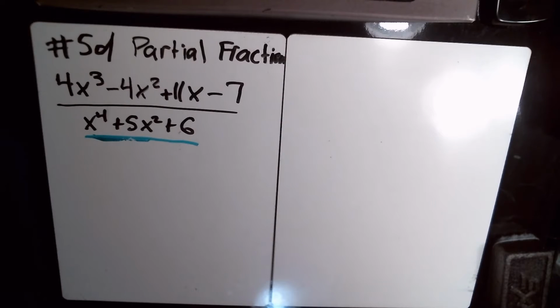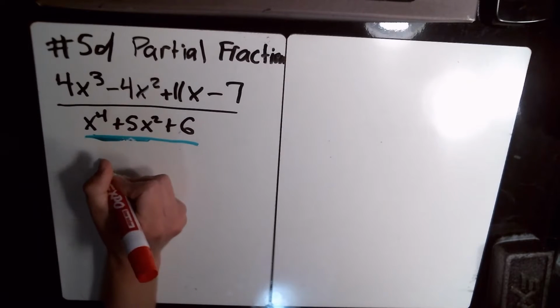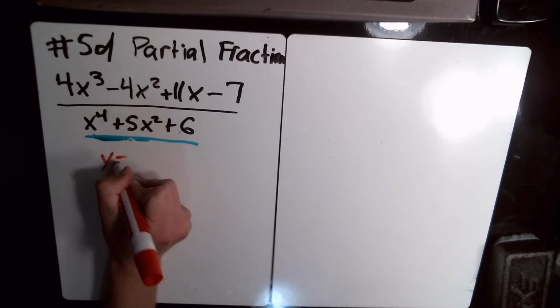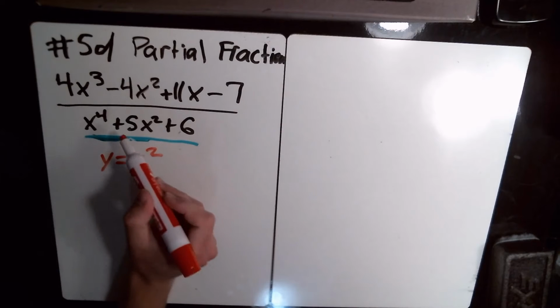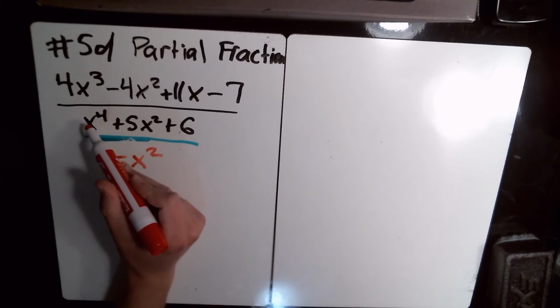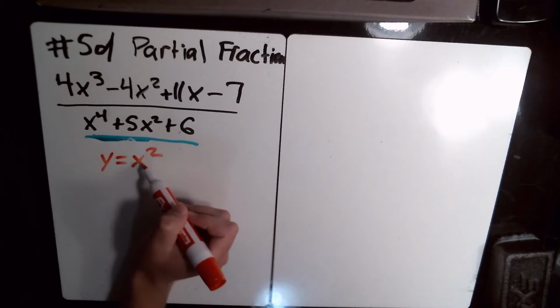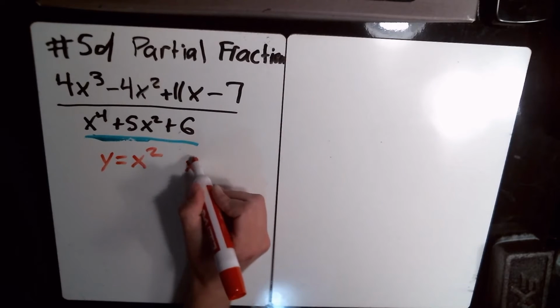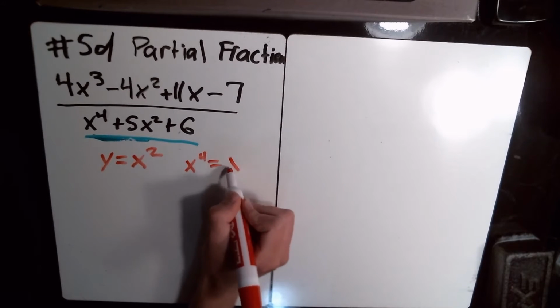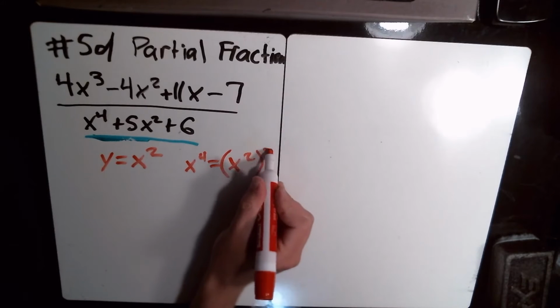So you can do a substitution here to figure out what the factorization is. And to do that, you would set y equal to x squared, because x to the fourth is x squared squared, right?